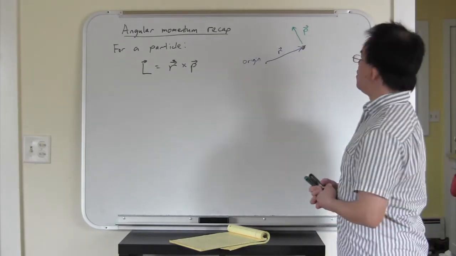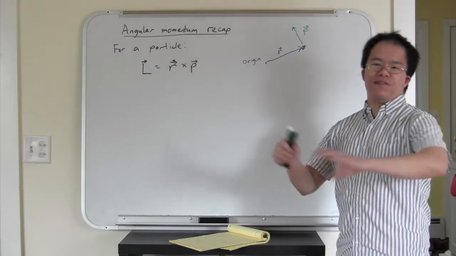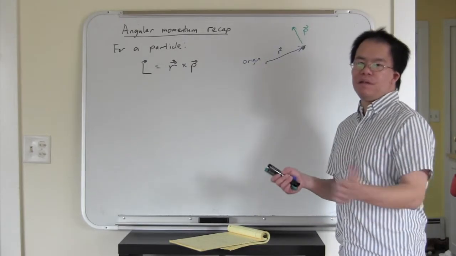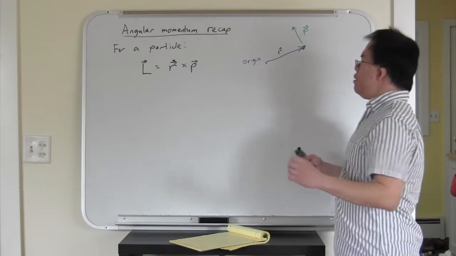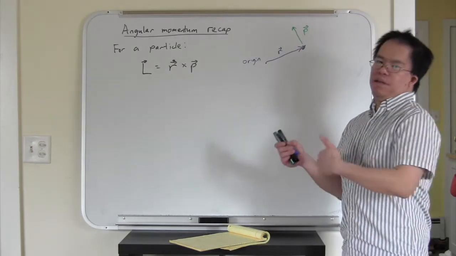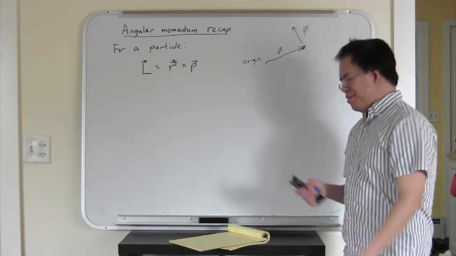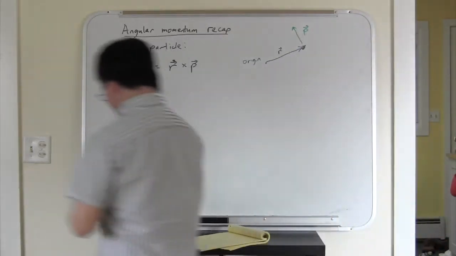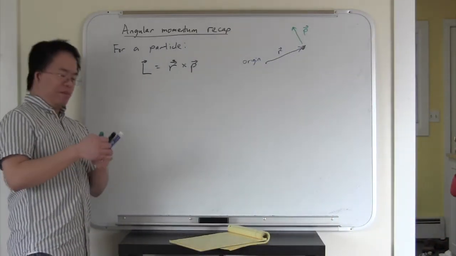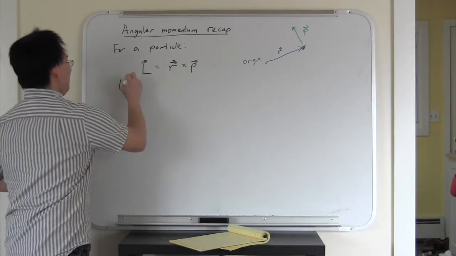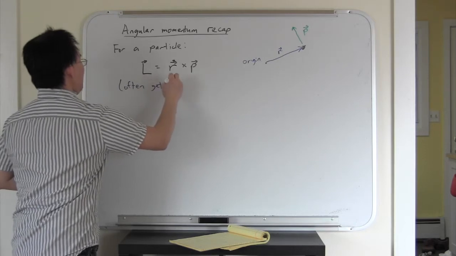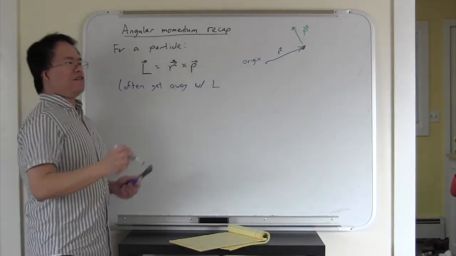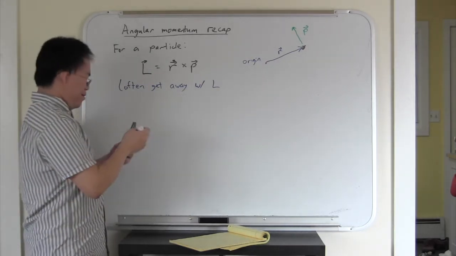Because we're mostly going to restrict ourselves to thinking about motion in a plane, we can get away, as we do in a lot of rotational dynamics, with thinking basically about just the in or out of the page component of L. So we often get away with just thinking about one component, or rather, its magnitude.